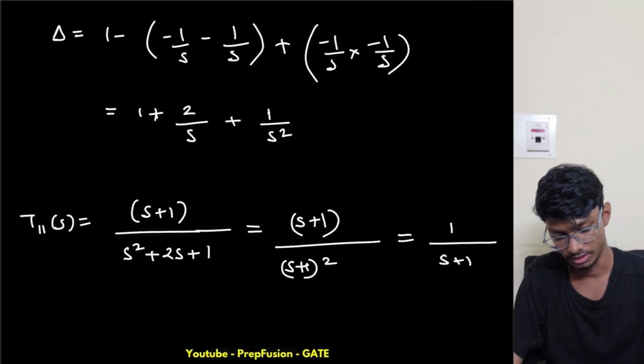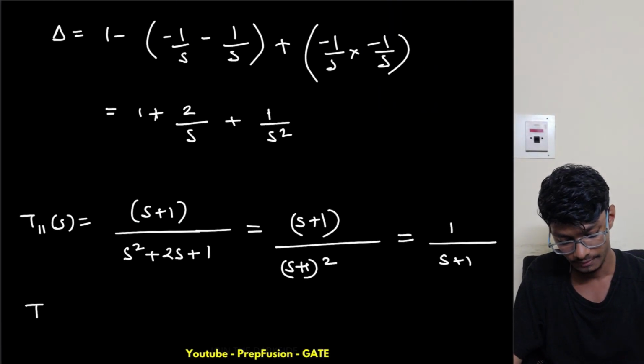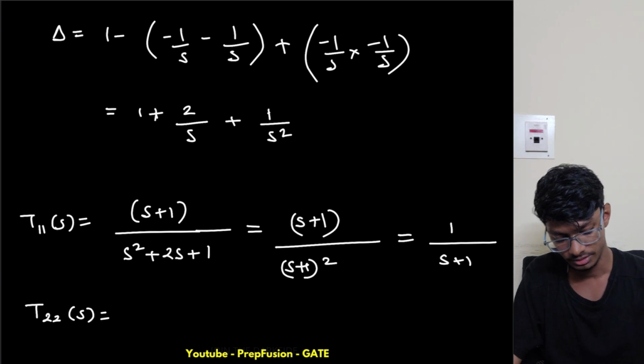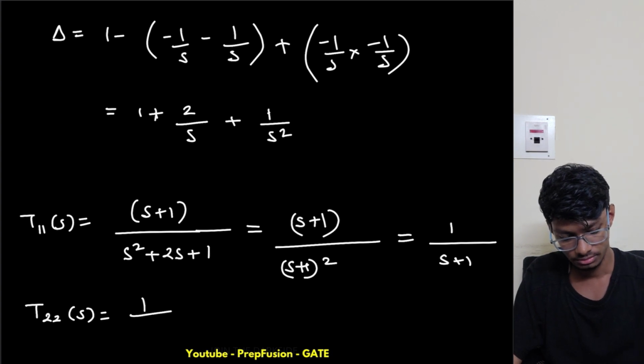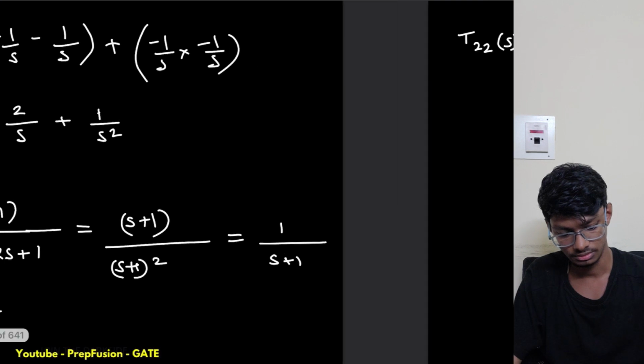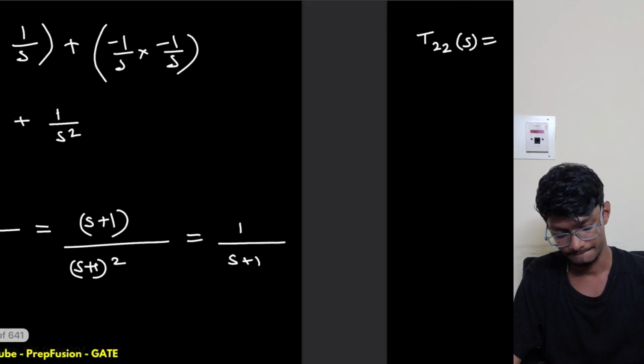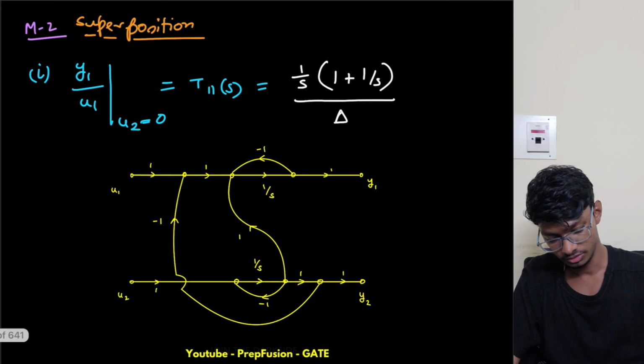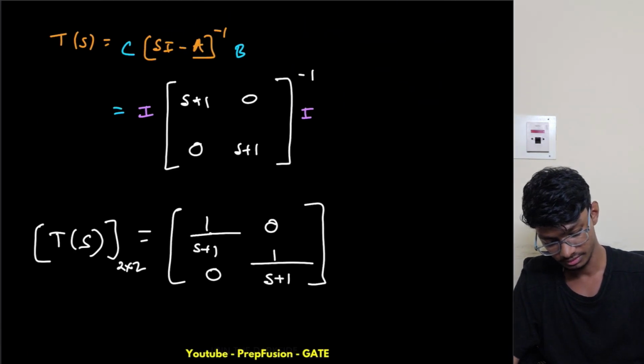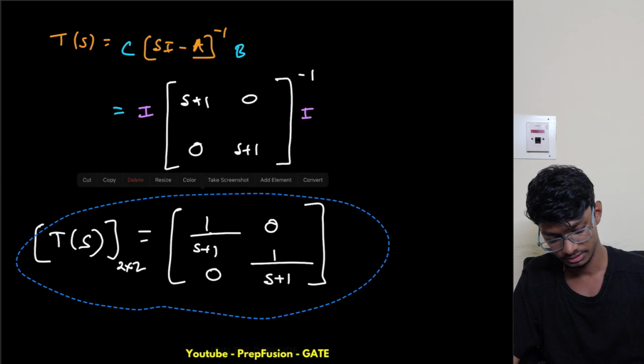So I can write here directly that my t22 of s will also be 1 by s plus 1. Again I can write the whole matrix. The whole matrix is same only, so I will not rewrite, I will just copy and paste. Okay, this will be my whole matrix.